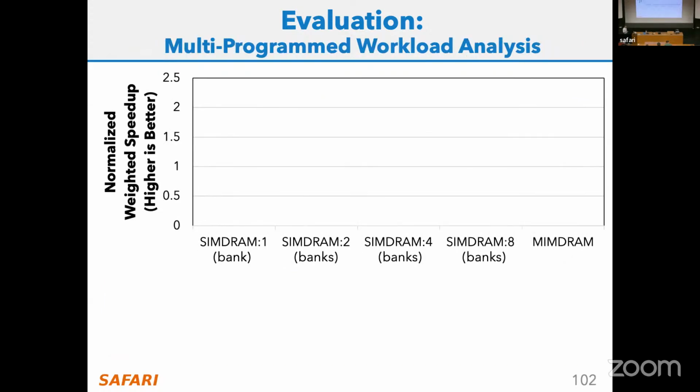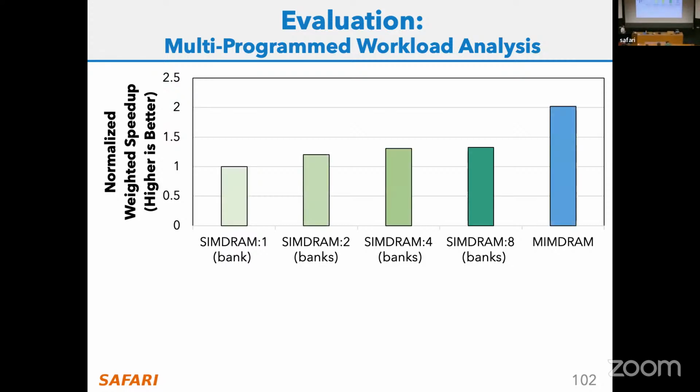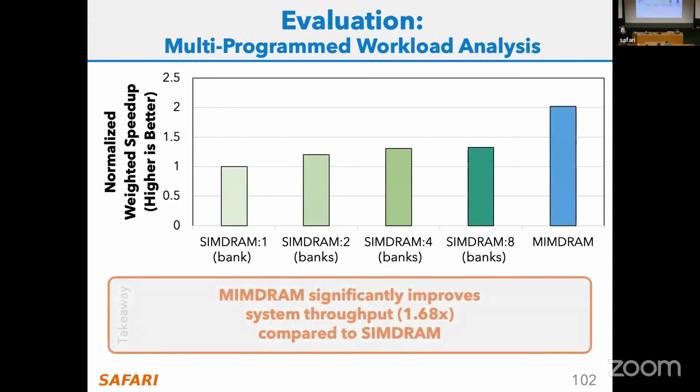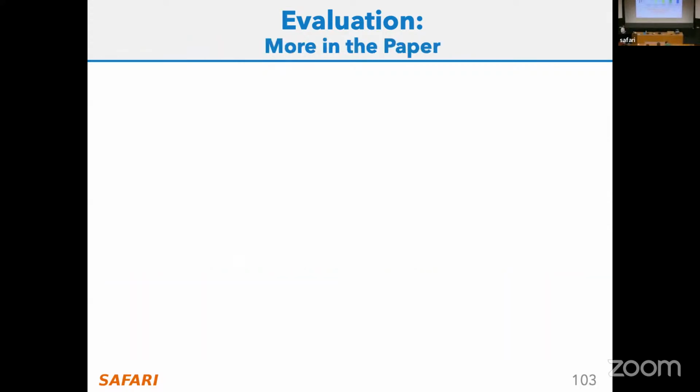We also evaluate the case where you can have multiple applications executing in a single DRAM subarray versus the same application executing across different DRAM banks in SIMDRAM, and we see that using a single DRAM subarray, MIMDRAM or a single DRAM bank, MIMDRAM can significantly outperform SIMDRAM for those applications.